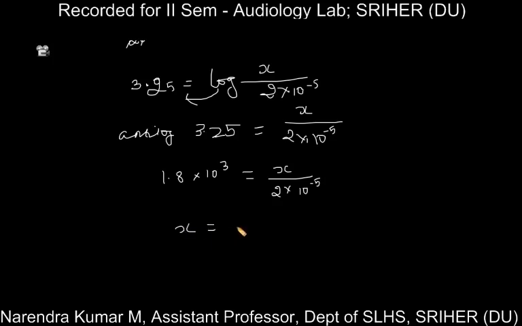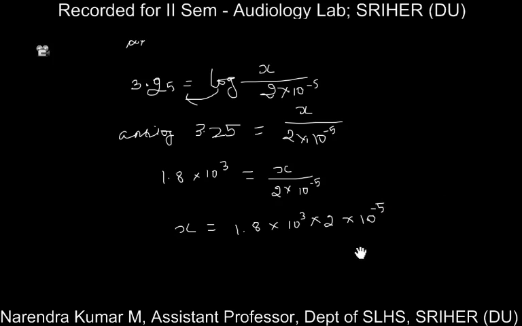Now X equals 1.8 into 10 to the power 3 multiplied by 2 into 10 to the power minus 5.